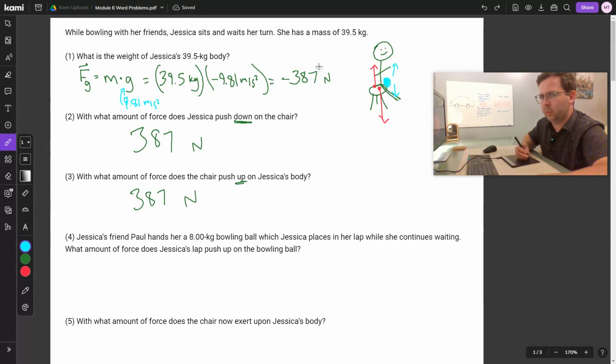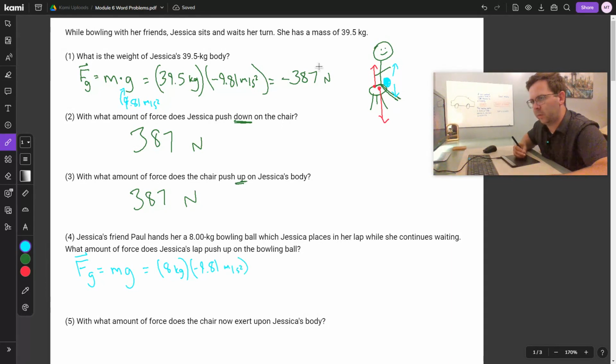So we need to do the weight equation again. But this time we're looking at the weight of the ball. So the mass of the ball is 8 kilograms. And again, we're multiplying by negative 9.81 meters per second squared for the acceleration due to gravity on Earth.